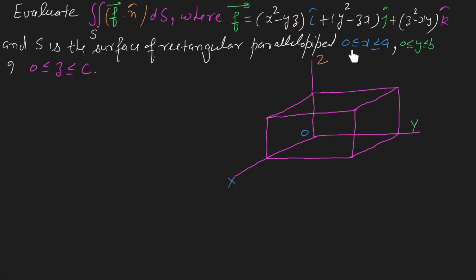See the dimensions given. X is from 0 to a, so this is the length along the x-axis, a. Along the y-axis it is given to be b, and along the z-axis it is given to be c.